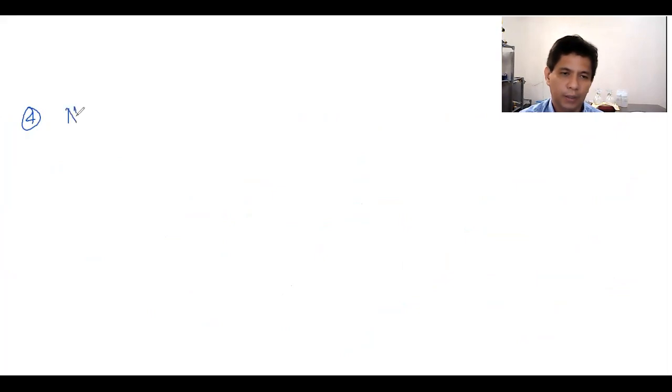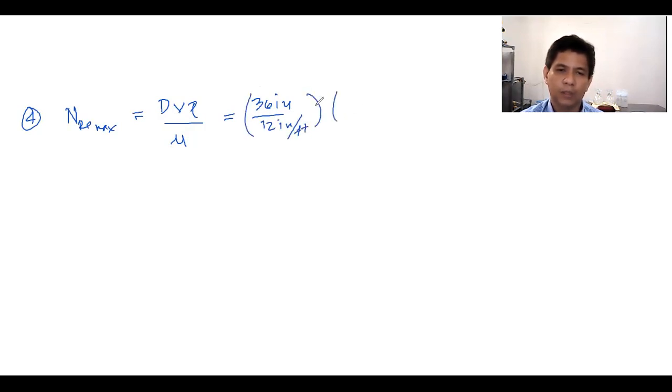The maximum Reynolds number is D V rho divided by the viscosity. In the problem, the viscosity is given. Our D, if you still remember, is 36 inches, so I convert it to feet by dividing by 12 inches per feet. For the velocity, I'll use V max here, so this is N Re max: 52.7 feet per second.